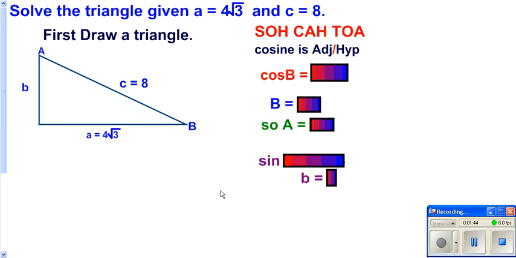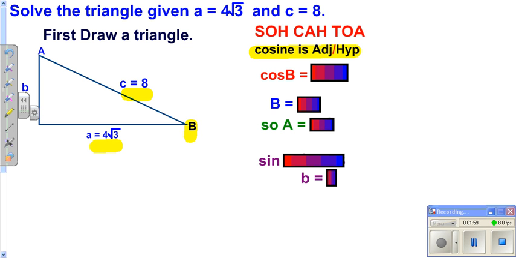So suppose we wanted to figure out angle B first. Well, with angle B here, we would know the adjacent side and we would know the hypotenuse. So let's go ahead, since we know SOHCAHTOA, and use cosine, because cosine is your adjacent over your hypotenuse. So cosine of B equals your adjacent side over your hypotenuse.